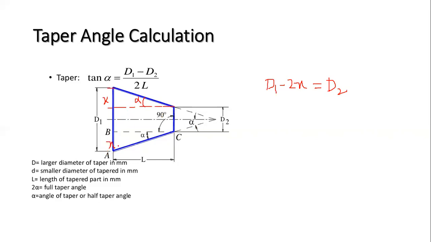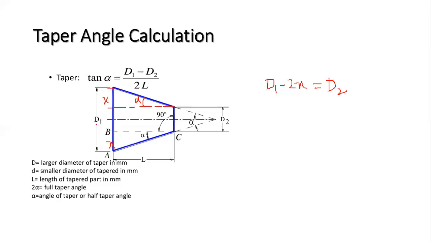If we consider this other portion, here also it is angle alpha, and we are assuming this length also is X, because these lengths are equal to each other. So the entire length is D1, our initial dia, and this is our final dia.